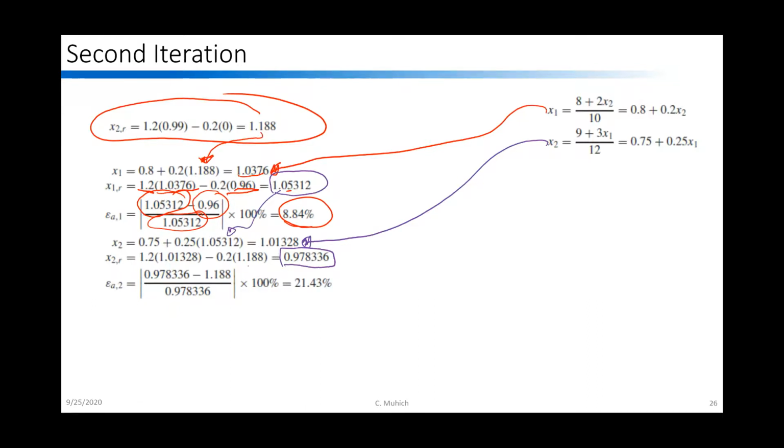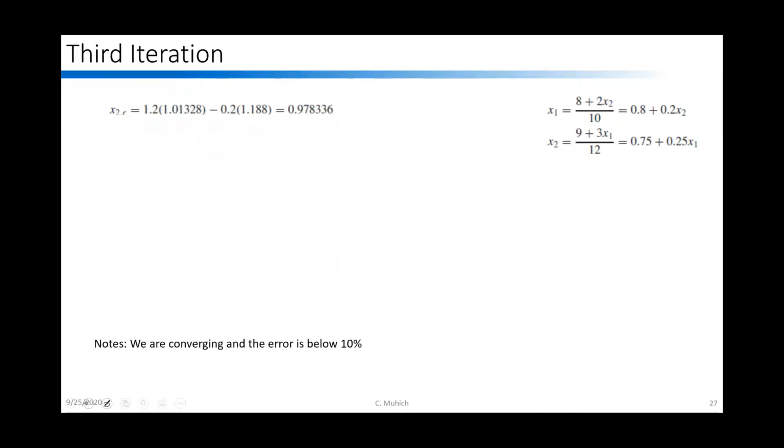This time, because our old value was 1.18 and our new value is 1.01, that relaxation is actually going to bring us back closer to 0. Right? We're going to move backwards a little bit, or move closer to 0 more with the relaxation than we would with just x2. Once again, we can go in and convert the error. Unfortunately, this time our error is bigger than 10, so we have to do a third iteration.